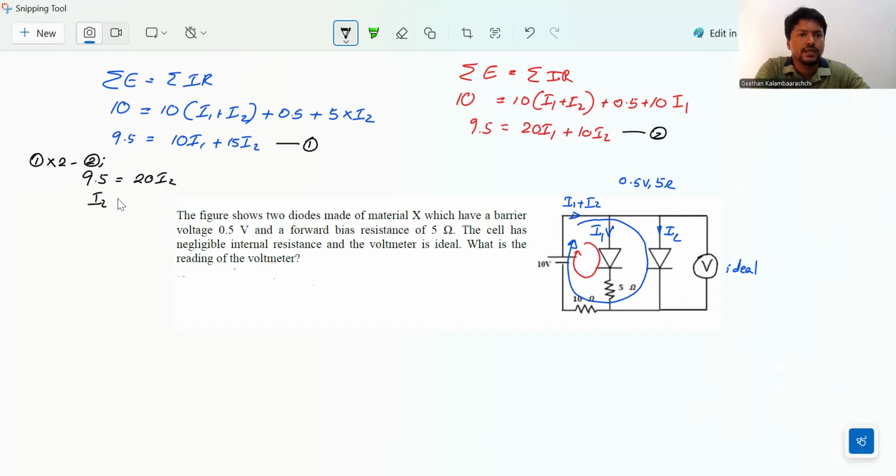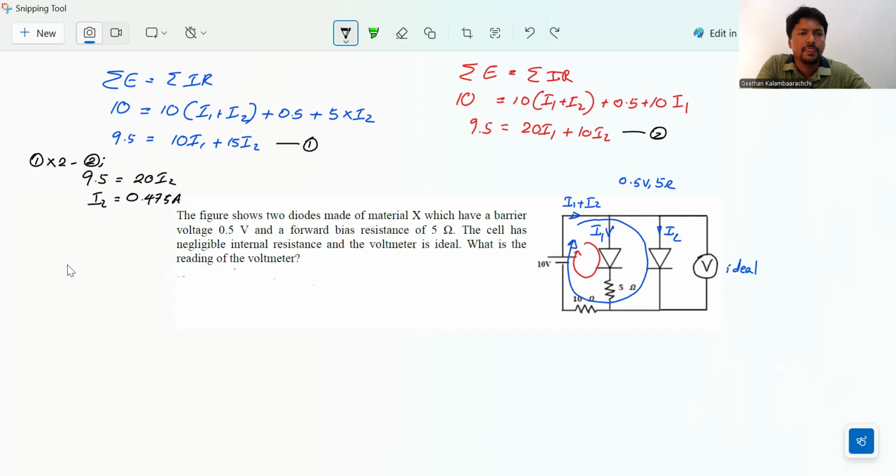Right, so from this, we can find the value of I2. So for I2, you get 0.475 amperes.